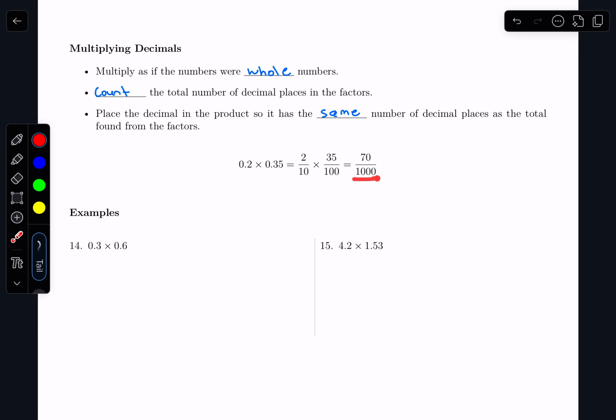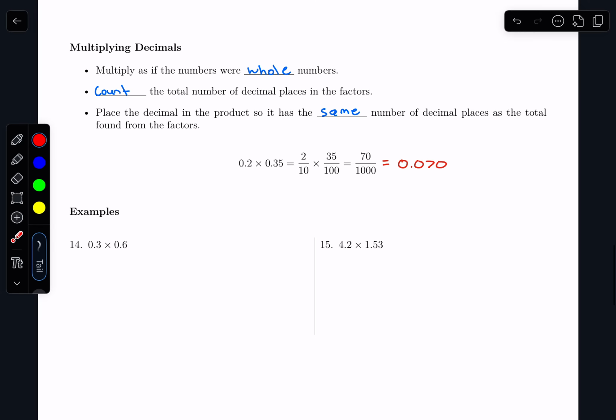And notice that 1000 as a denominator will make it so we have a digit in the thousands place, because that's how we turn fractions into decimals, right? 70 over 1000 is the same thing as 0.070, where notice that last digit is in the thousands place because we have 1000 on bottom. And so all we have to actually do to multiply decimals is multiply the digits as if they were whole numbers and then put in the correct number of place values.